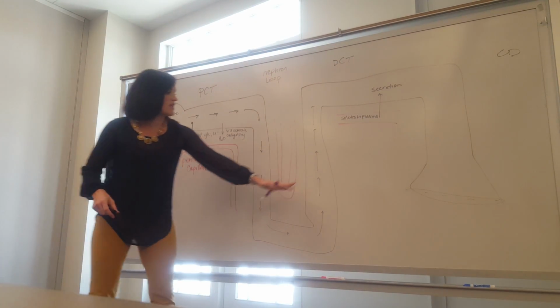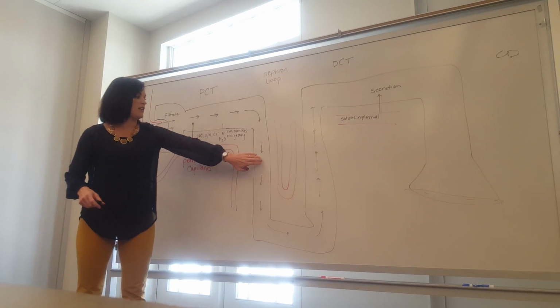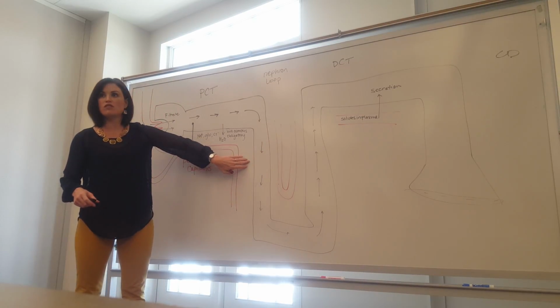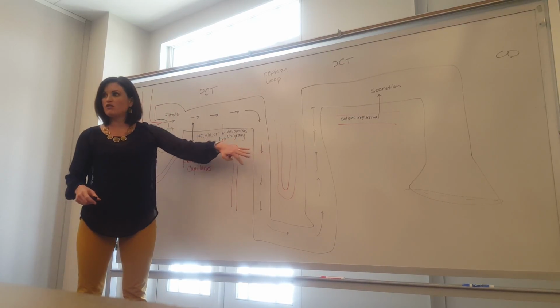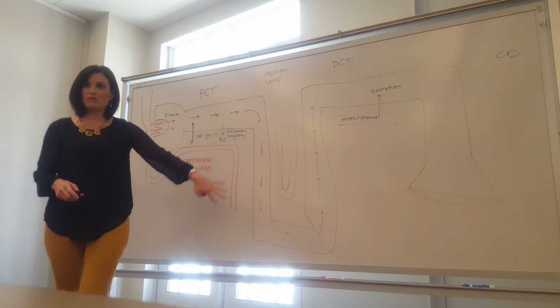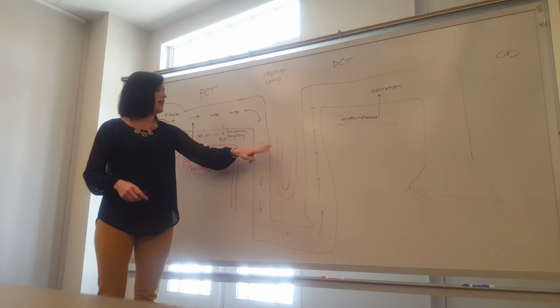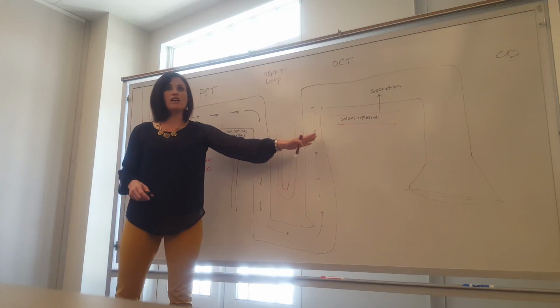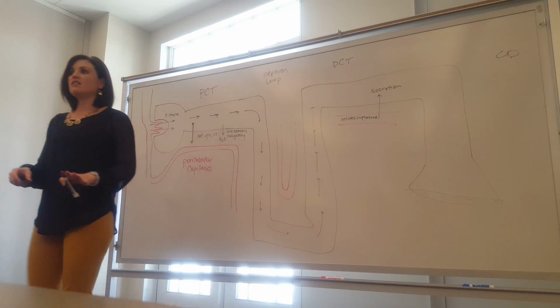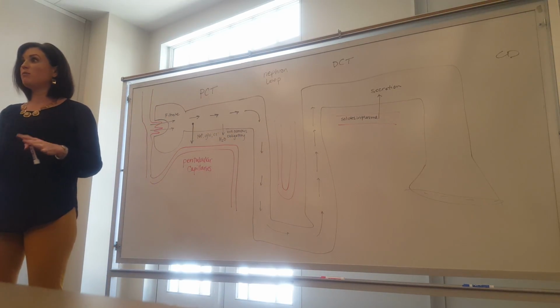Again, the countercurrent flow is essential to establishing the concentration gradient. Any solute that leaves first enters the interstitial space, and that provides a gradient for water to then move through the system. In addition, in the loop of Henle, you have changes in permeability.